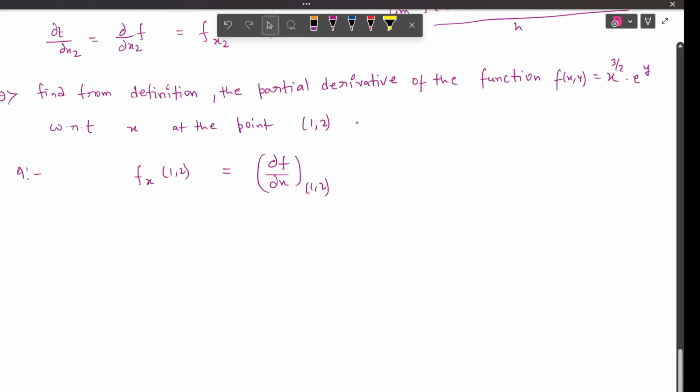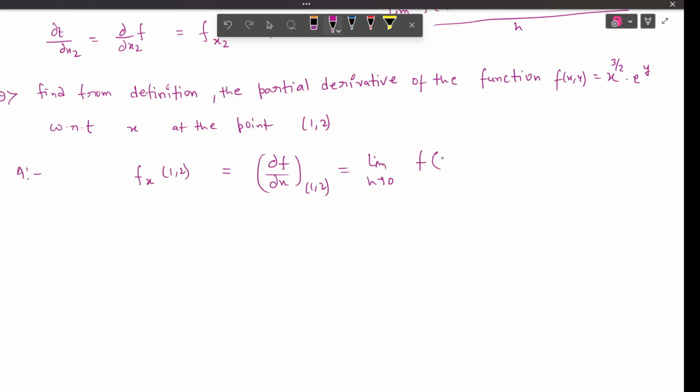We know the definition. The definition is limit h tends to 0 of f of x plus h, we are differentiating with respect to x. What is x? That is 1. So 1 plus h comma y, that is 2, minus f of x comma y, that is 1 comma 2, upon h.